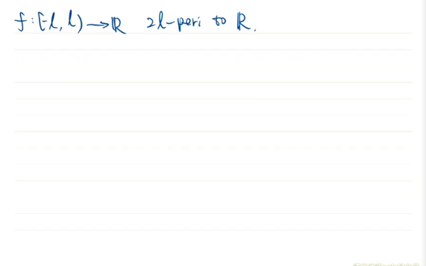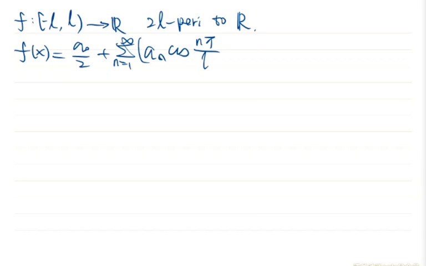Then we know that under some conditions, the Fourier series of f(x) will converge to itself. So we might write a0 over 2 plus the sum from n equals 1 of an cosine n pi x over L plus bn sine n pi x over L. Here we have formulas for an and bn.